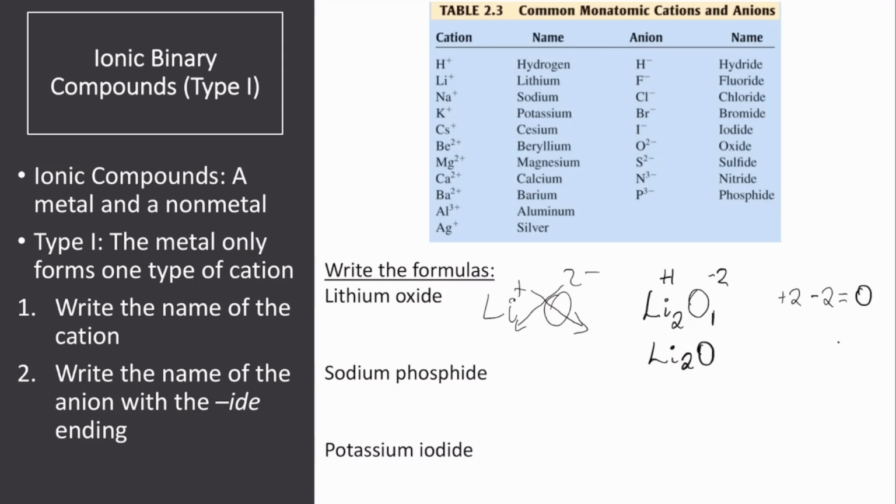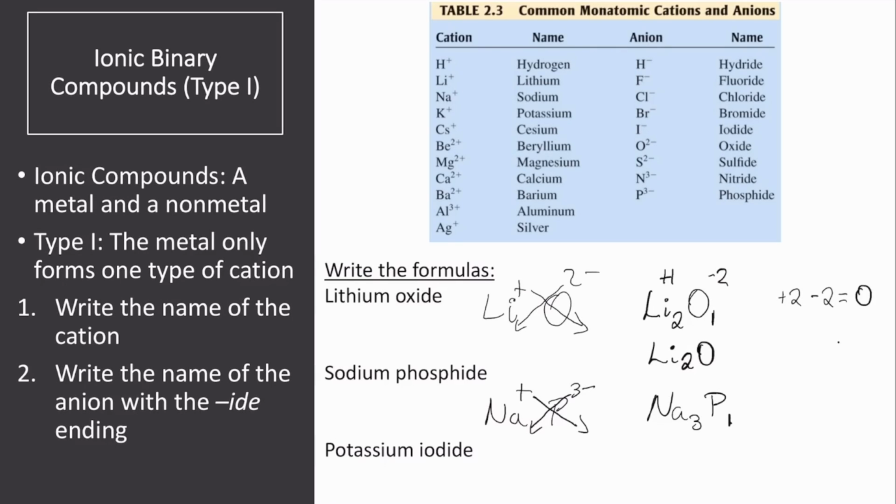The next one is sodium phosphide. Sodium has a +1 charge, so Na+, and then phosphide has a 3-. So phosphide is P3-, and we cross the 3 and the 1, and we write Na3P, and then there is a 1.